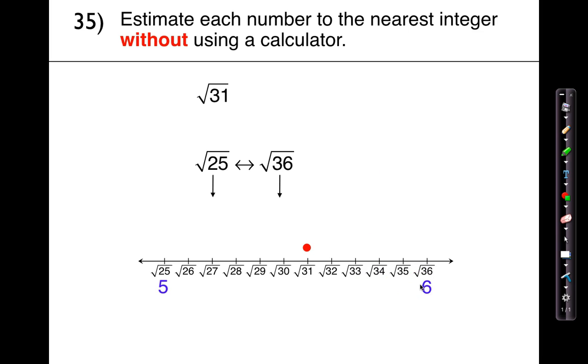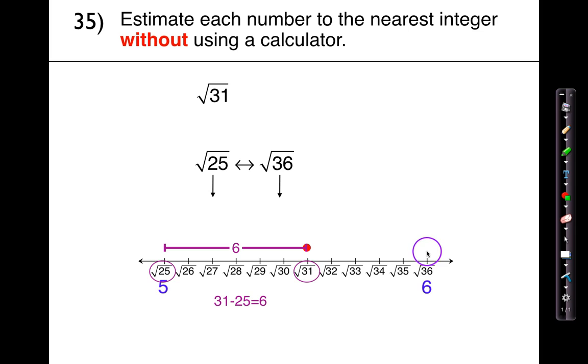But how would you do this without a number line? Well, you can find the difference between the two. So you're trying to find the distance between the points. Between 25 and 31, how far apart are they? You can just find the difference by subtracting them, and you would see that they are 6 apart. Now here, what about 31 and 36?